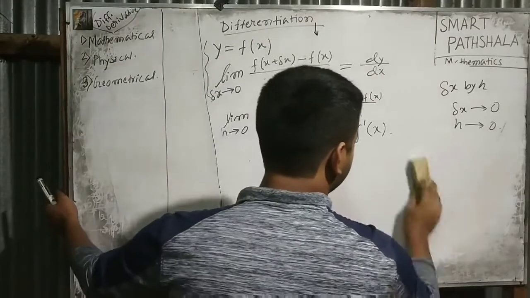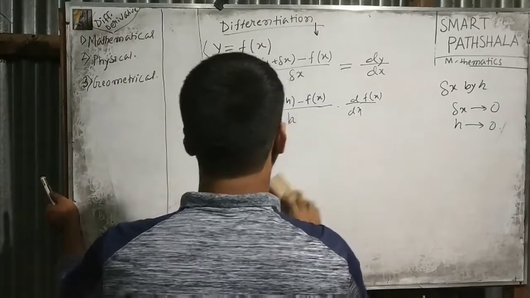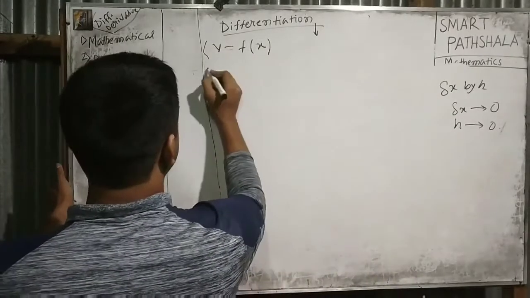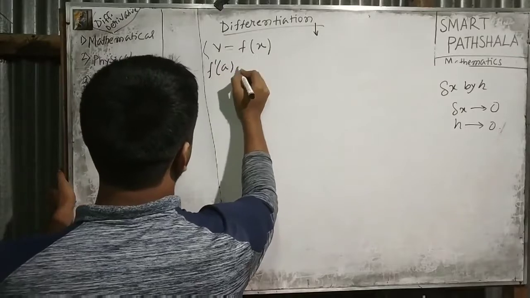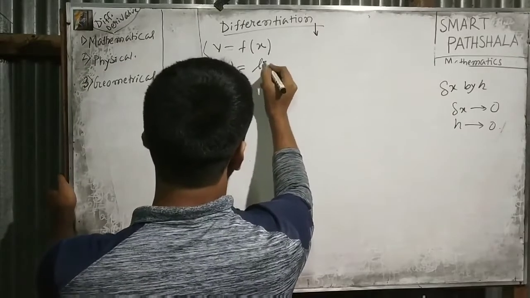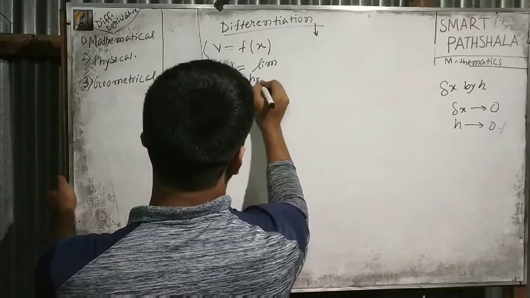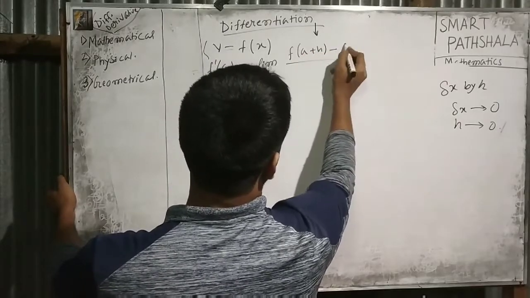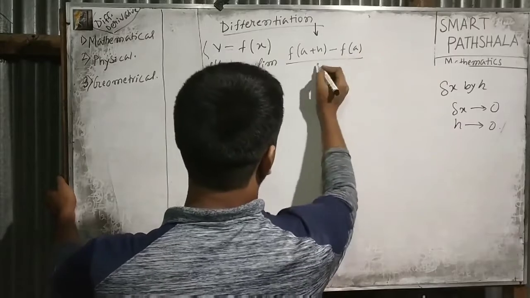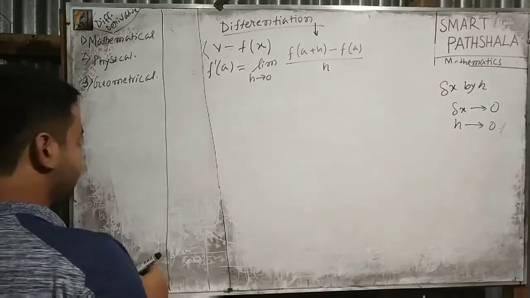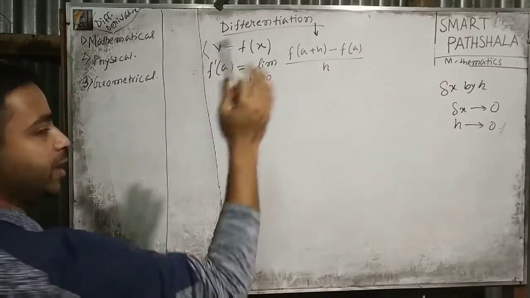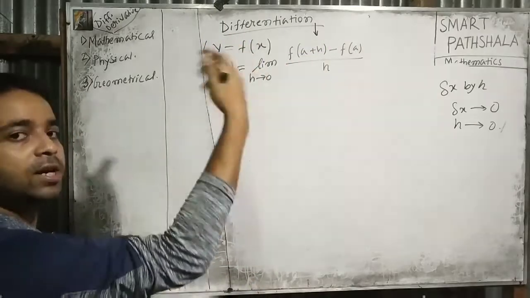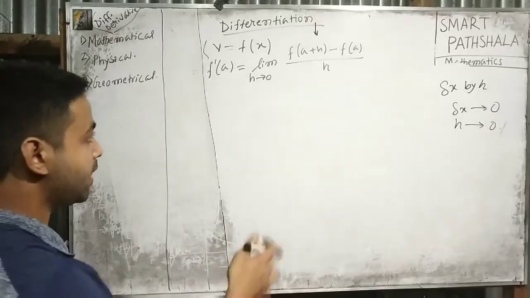After putting the value, what I get is f dash of a is equal to limit h tends to 0, f of a plus h minus f of a divided by h. This is what I get after putting x is equal to a, because I am trying to find the derivative of f of x at the point x is equal to a, right?